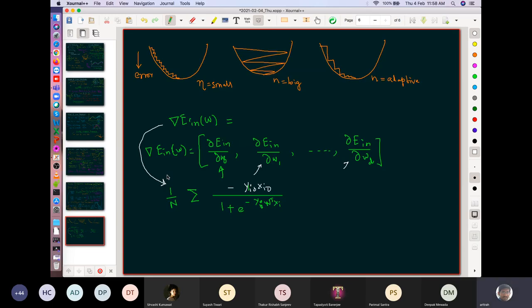So our major term that we are trying to minimize here looks like e to the power minus y_i w^T x_i for all i. Instead of error, we call this the cross entropy error. In the book, you will find this as the cross entropy error.